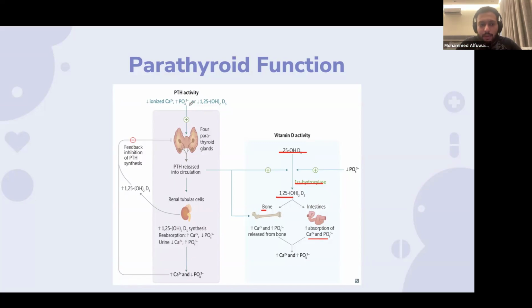And in secondary hyperparathyroidism, low. So there will be low calcium, hypocalcemia. This hypocalcemia will cause secondary hyperparathyroidism. Now, phosphate, will it be high or low? High.